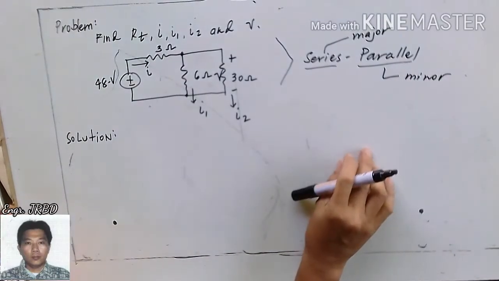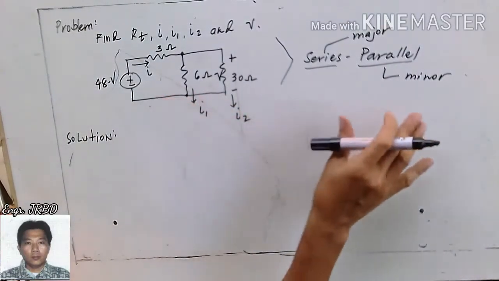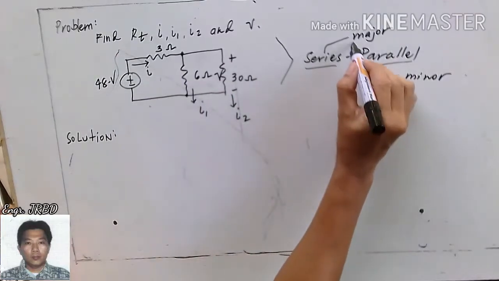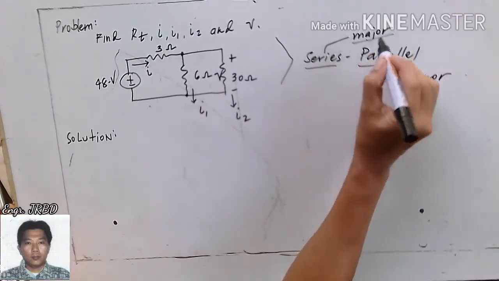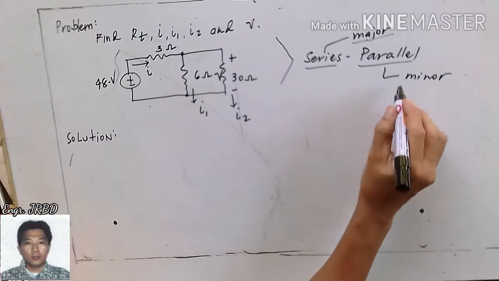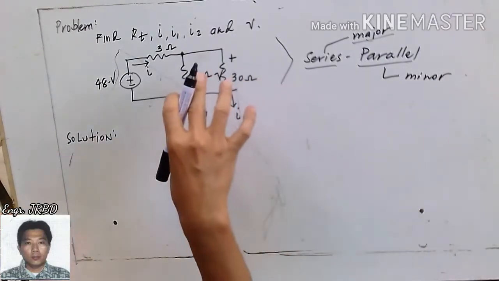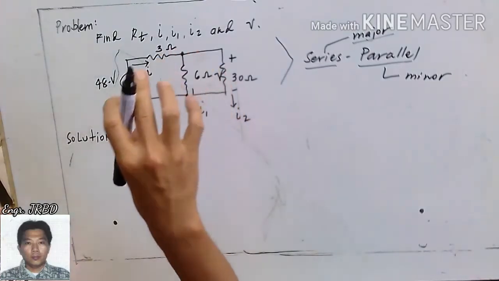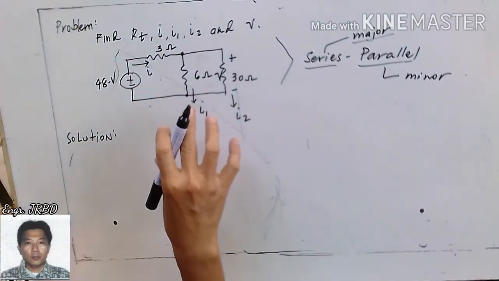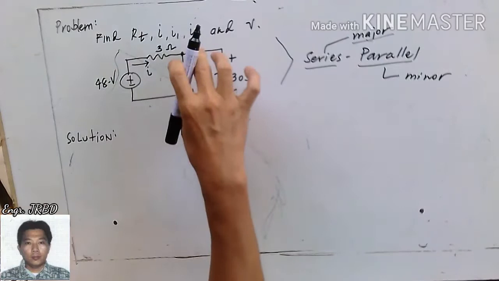The first one is your major connection and the second one is your minor. The next question is, paano mo alam kung saan ang major o saan ang minor? When you say major connection, this is the connection of the groups. When you say minor, these are the connection of the subgroups. In the circuit that we have, there are two groups. The first group is the parallel group.